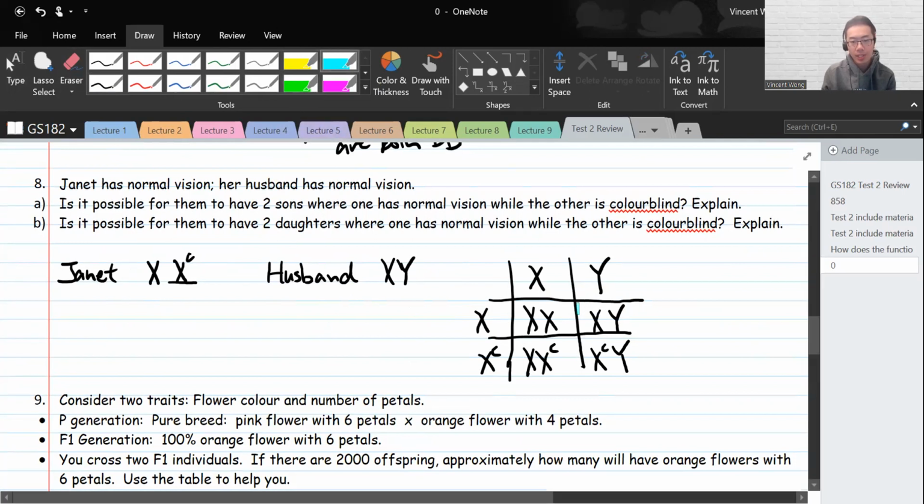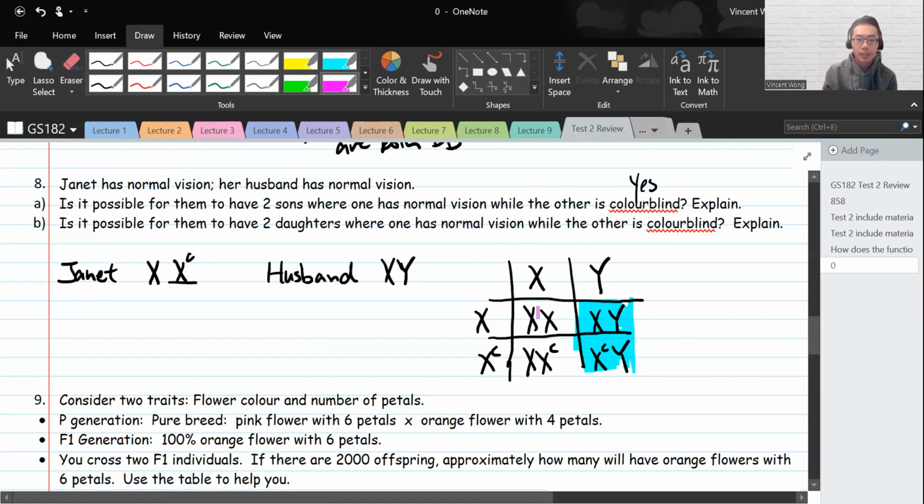These are the sons, right? There is a 50% chance for the son to have normal vision and a 50% chance for it to be colorblind. So is it possible for them to have two sons where one has normal vision and one is colorblind? Absolutely. And you can just show the Punnett square to support your answer.